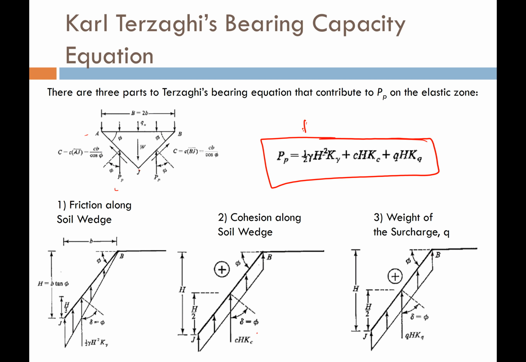The first term corresponds to the friction, the second term corresponds to the cohesion, and the third term corresponds to the surcharge. These are the three components that contribute to bearing capacity resistance in the soil: friction, cohesion, and surcharge.